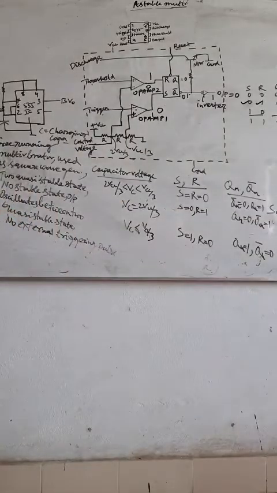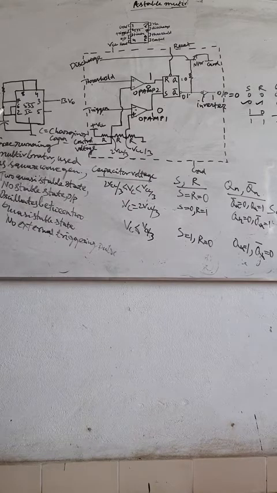Between pin number 2 and pin number 7 there is a resistance R2, and pin number 6 and pin number 2 are shorted with each other. So no external triggering pulse is applied in case of astable multivibrator.